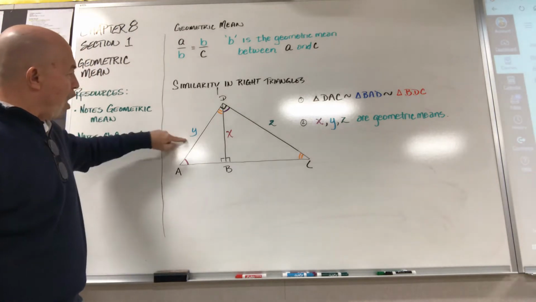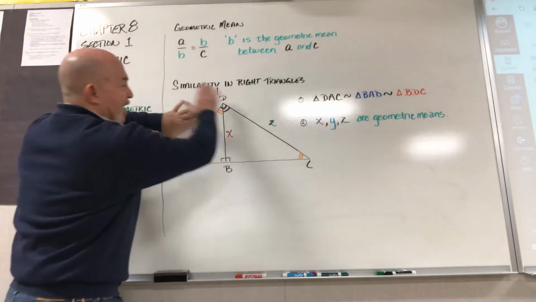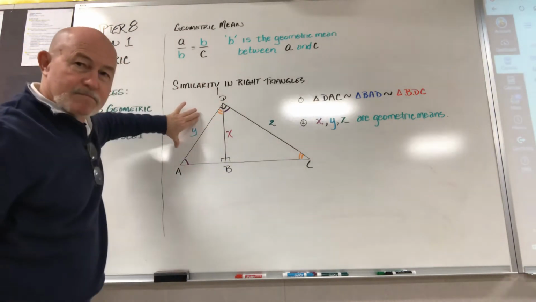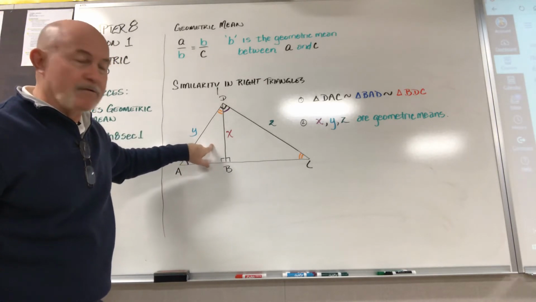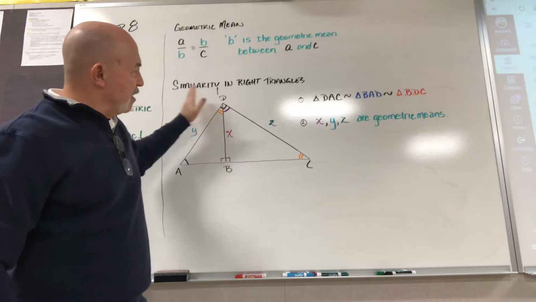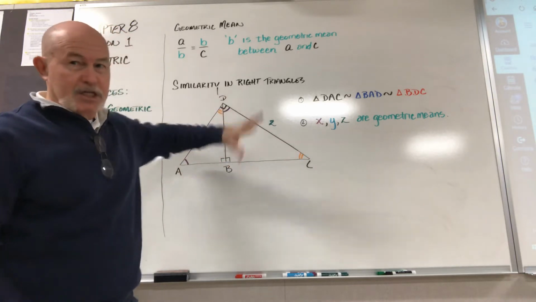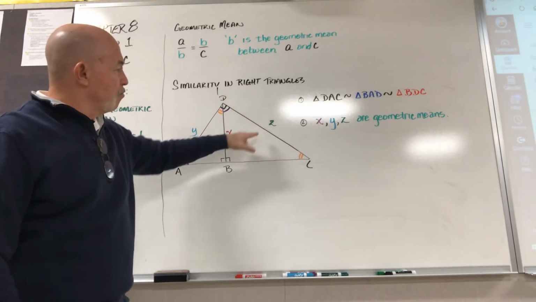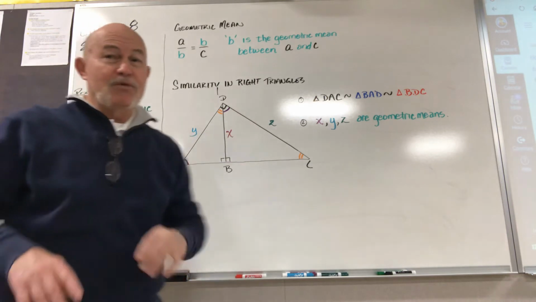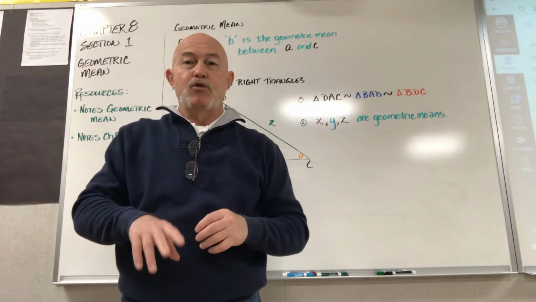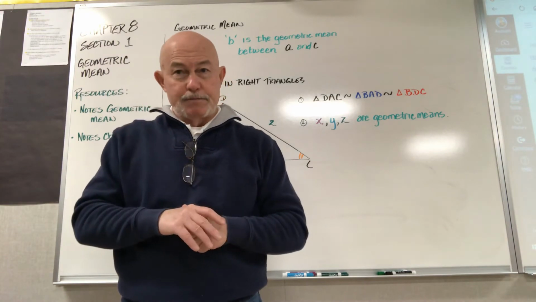Y is a leg of the big triangle, but it's also a hypotenuse of this triangle. Z is a leg of the entire triangle, but it's also a hypotenuse of this triangle. So we've got each of those three lengths doing two jobs.